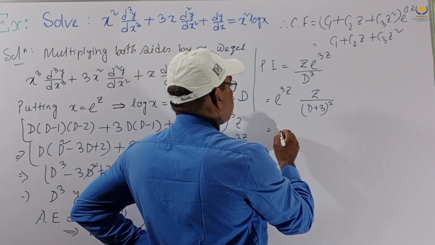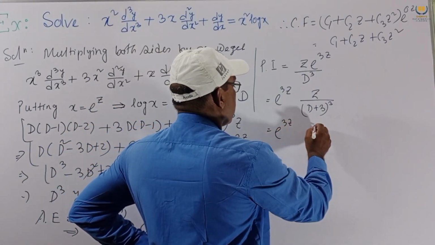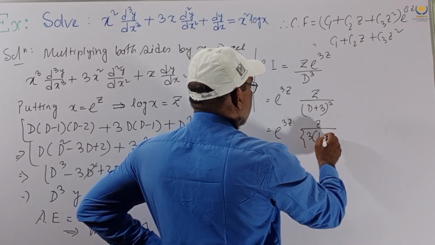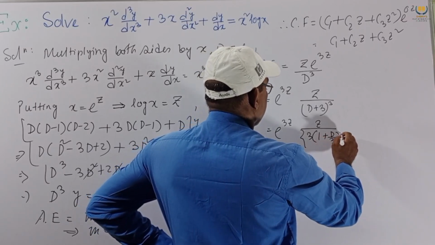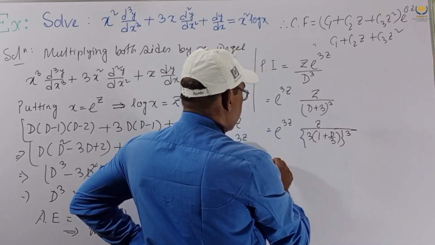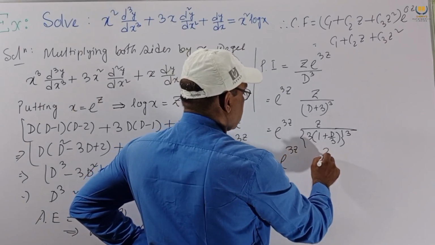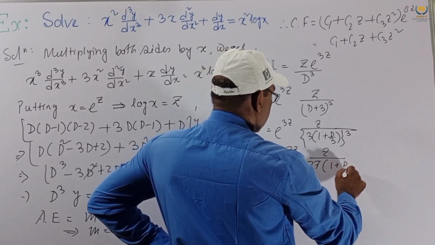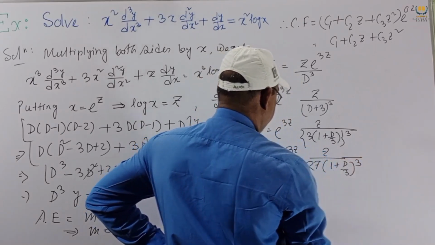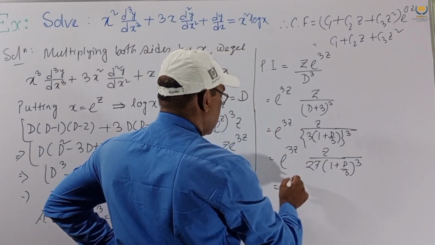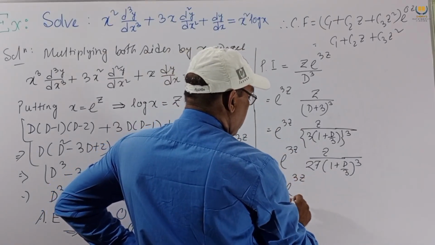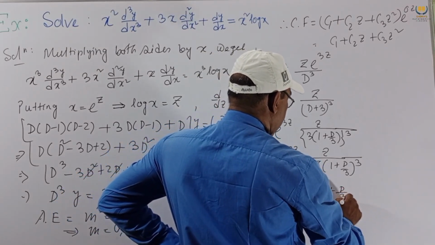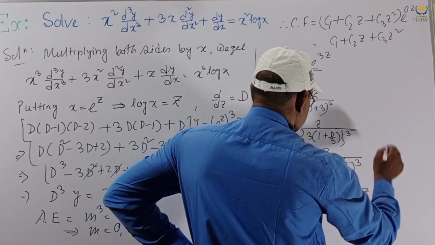Now this is e to the power 3z, z by (D plus 3) whole cube. From these, 3 common, we get 1 plus D by 3 whole cube. And this will be e to the power 3z by 27, z by (1 plus D by 3) whole cube, which is e to the power 3z by 27, (1 plus D by 3) whole to the power minus 3 z.